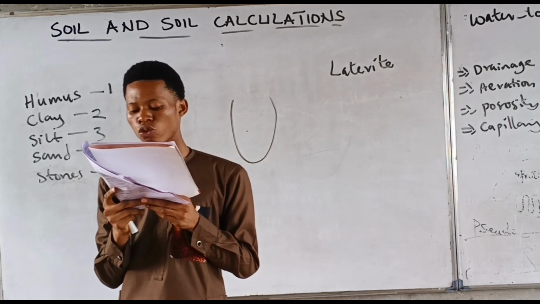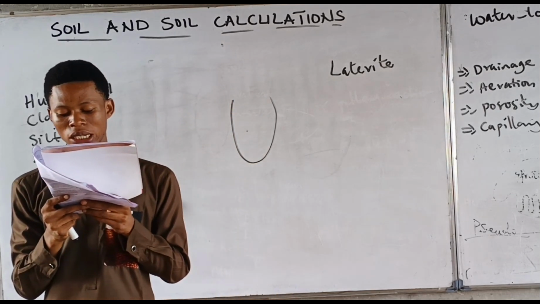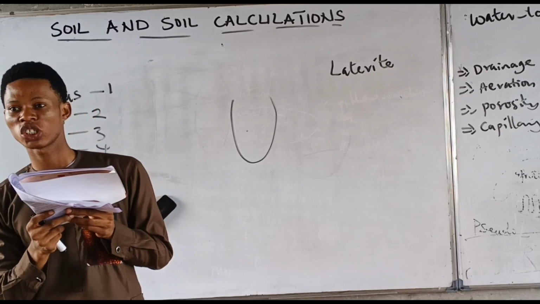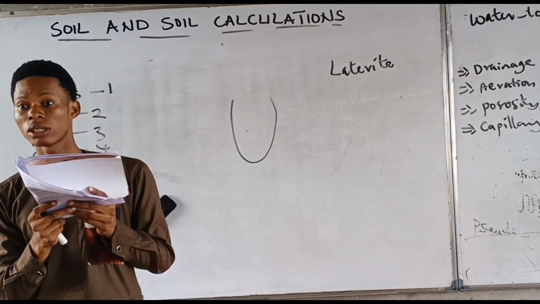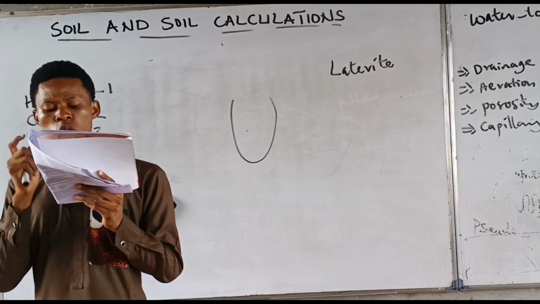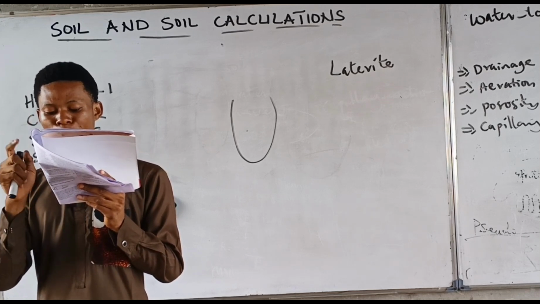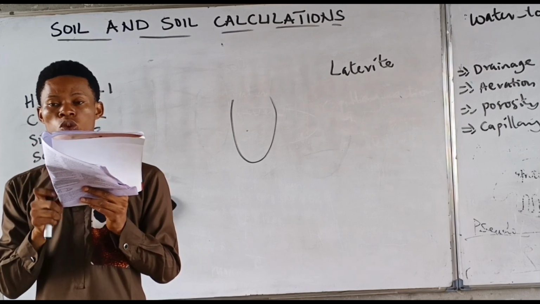The soil type that will be most difficult to plough in a wet season is one that is dash. Should I come again? The soil type that will be most difficult to plough, P-L-O-U-G-H, in a wet season is one that is dash.